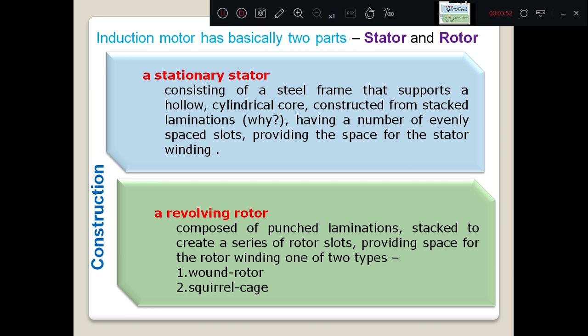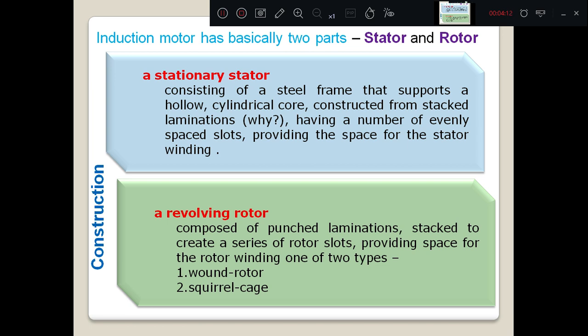Once again, in the case of a three-phase induction motor, there are two different types of rotor construction. One is called wound rotor. If the motor has got a wound rotor, it is called a three-phase wound induction motor.